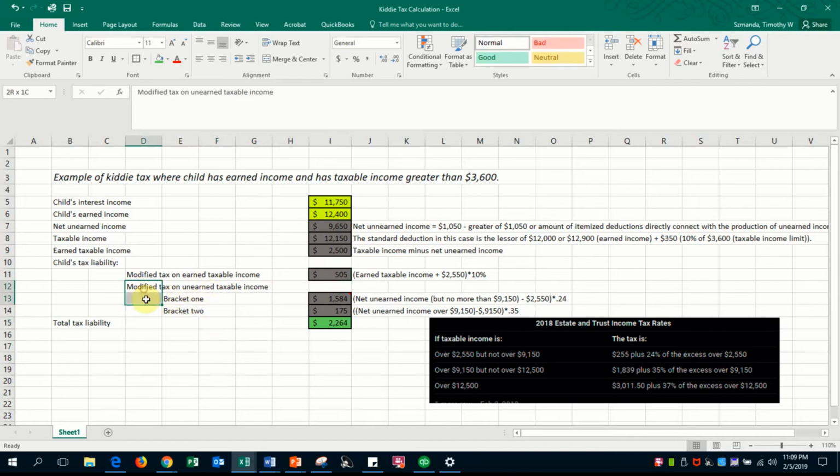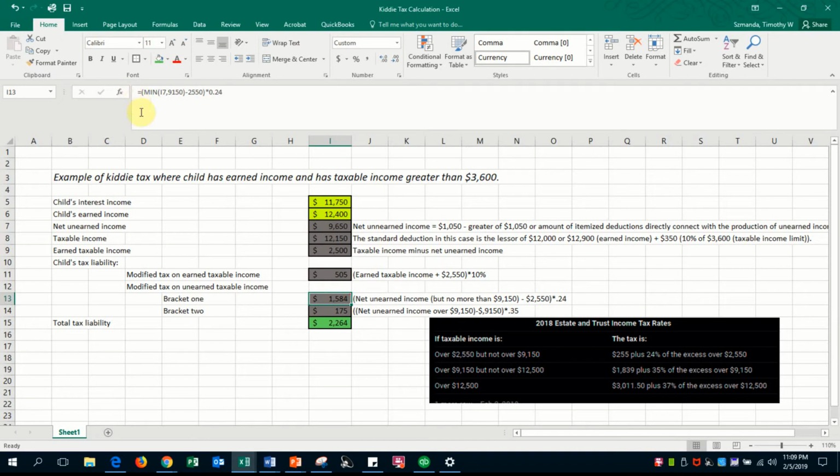Now, the second part of the calculation is going to address the unearned income of the child. And in this case, we need to use or invoke two of these tax brackets in the 2018 estate and trust tax rates because the income exceeds $9,150. So in calculating the first bracket at 24%, we're going to take the minimum of the net unearned income or the 9150, and from that we're going to deduct the 2550.